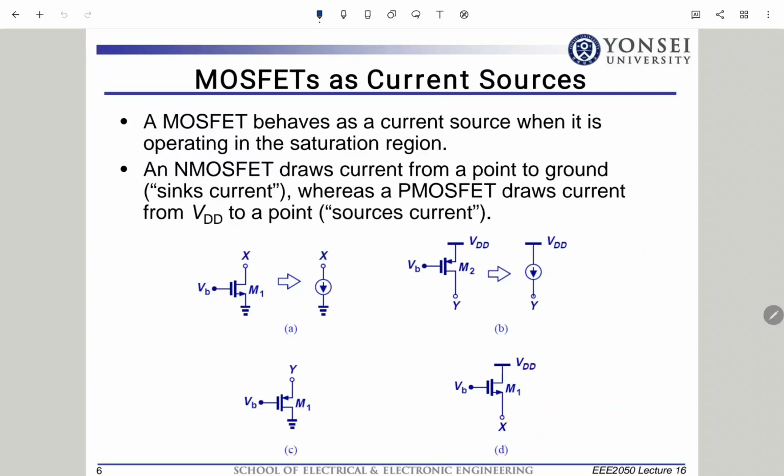If you take a look at this configuration carefully, as long as VDS is greater than VGS minus the threshold voltage, what is the operation of the transistor?